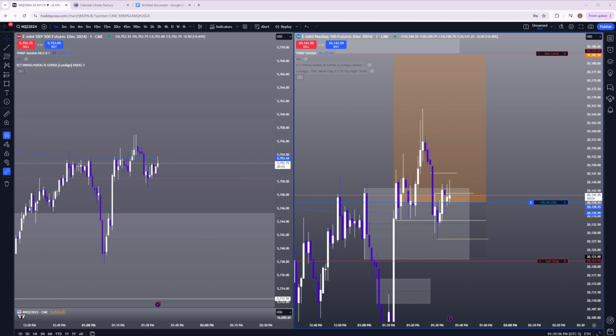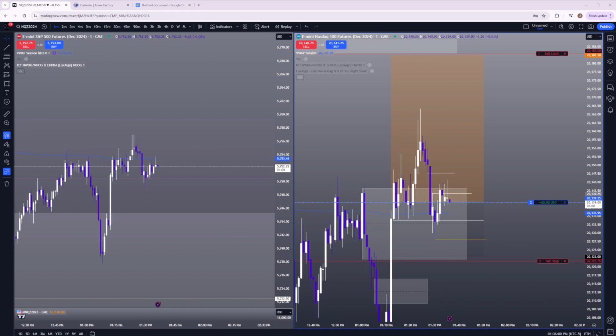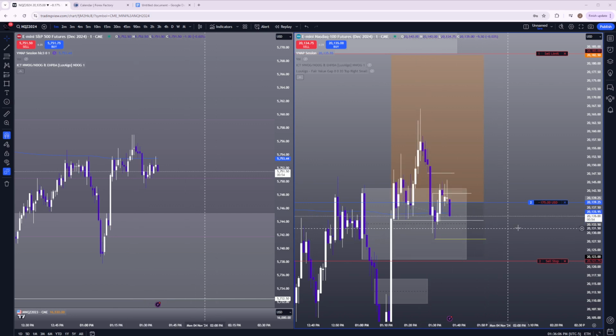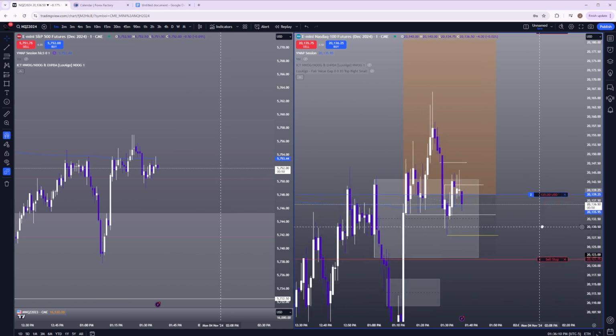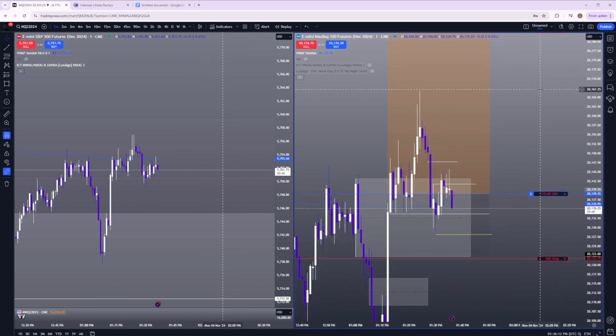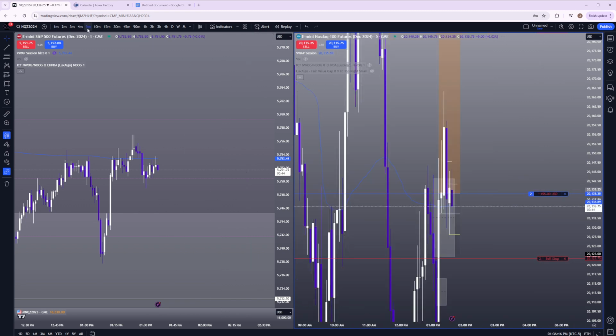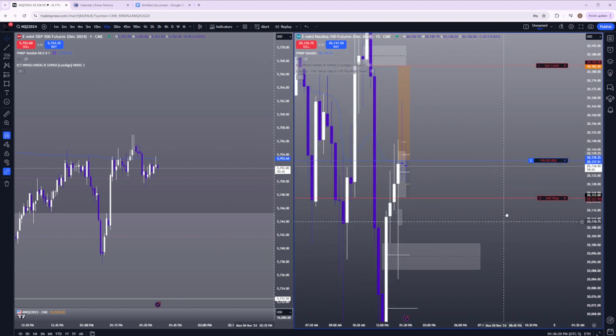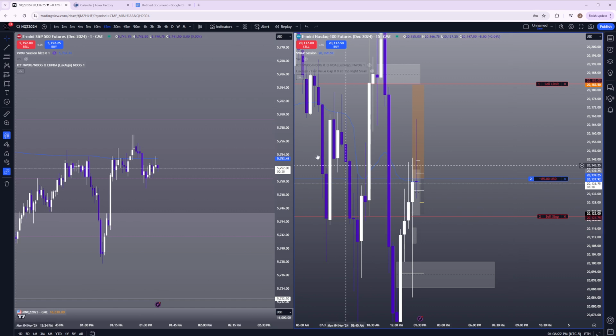And if it's not going to support us, then we're definitely going to run down for some lows. But like I said, mental stop is this low down here. If we start pushing below this, I'm just going to cut this trade. This yellow line right here is my mental stop.